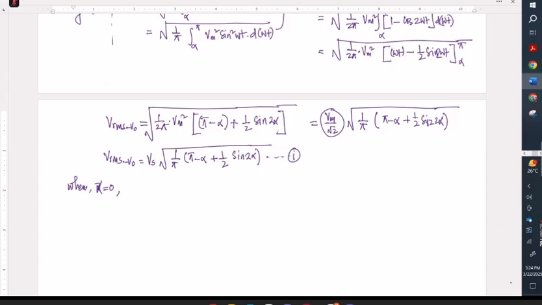So pi multiplied by 1 over pi should be 1. In that case, your V RMS, V naught, should be equal to your VS, Vm by root 2. Yes, Vm over root 2 should be the RMS value of the input voltage VS, right?